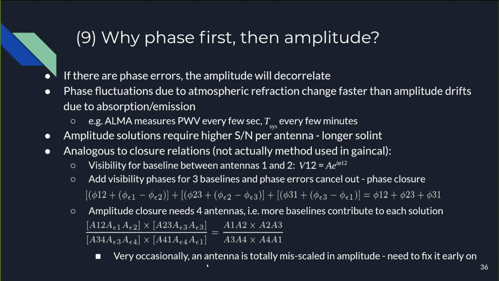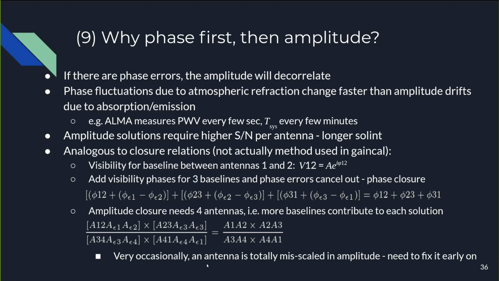A slightly more analytic approach is to look at the closure relations, although I need to stress that gain cal does not actually use the closure phase relations. It uses a different method to solve, but the principle is the same.